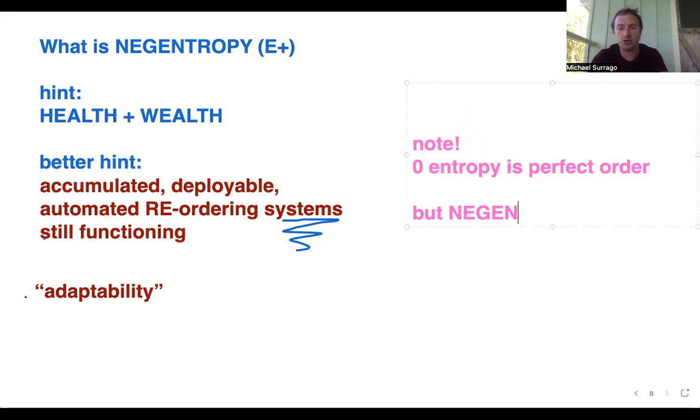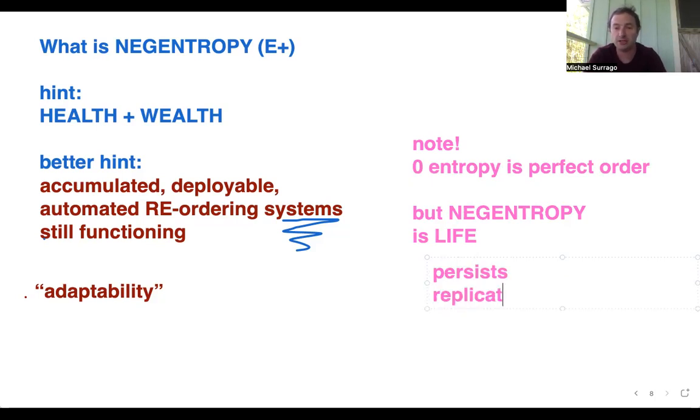But negentropy is life. What is life? I mean, it's a thing that self-persists, right? So life persists and then also replicates. Actually, I should just say reproduces.